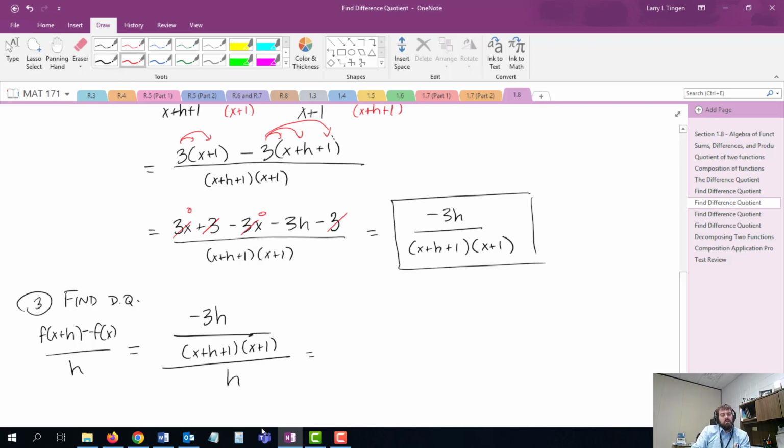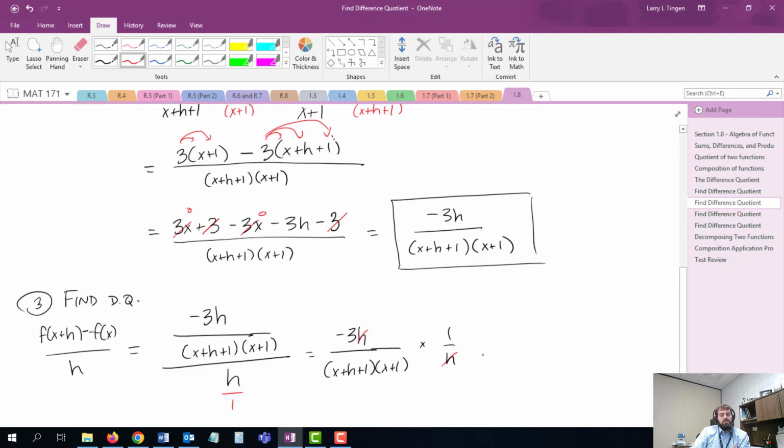Anytime I've got a numerator that has a fraction in it, my denominator also has a fraction that just happens to be h is the only thing down there, so we say that's h over 1, and we do copy, change, flip, or we say that division is the same thing as multiplication by the reciprocal, times 1 over h.